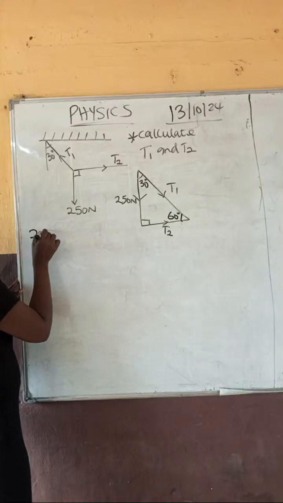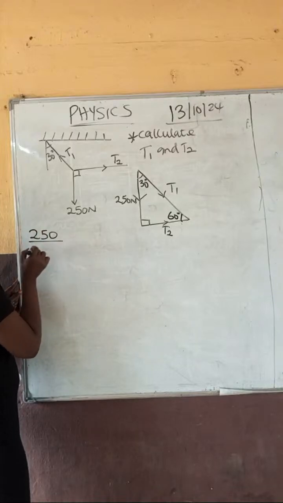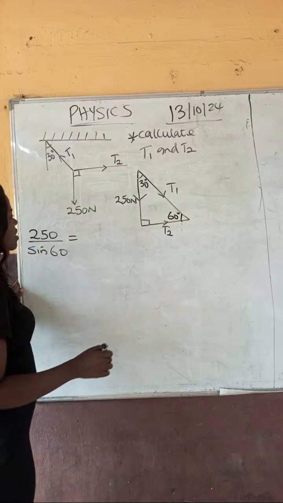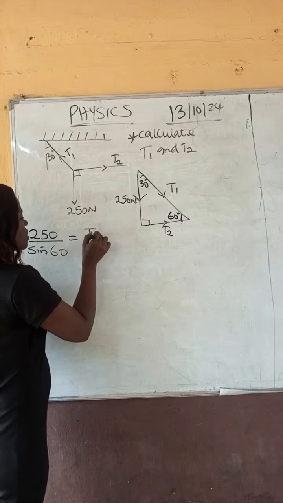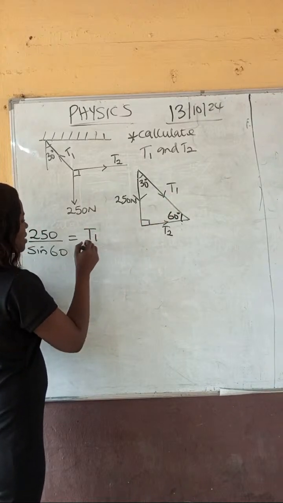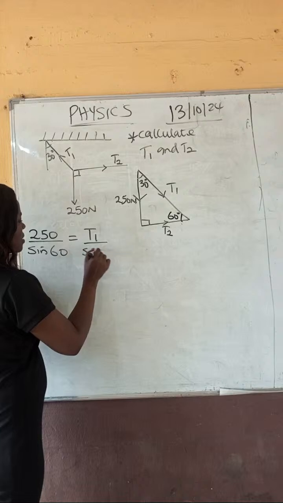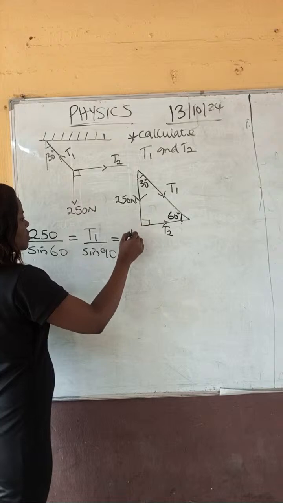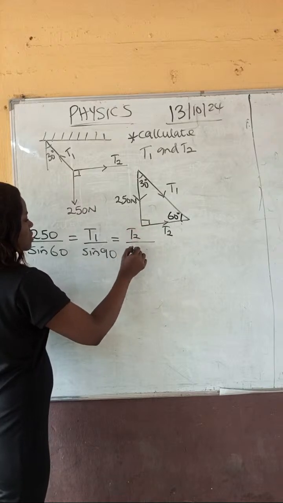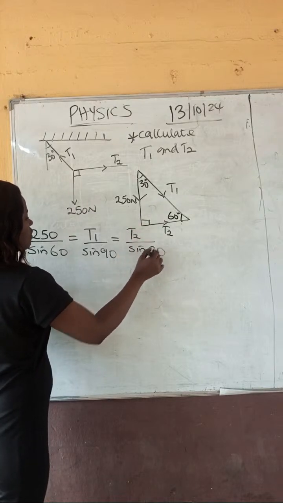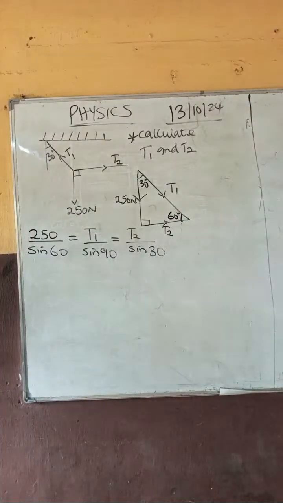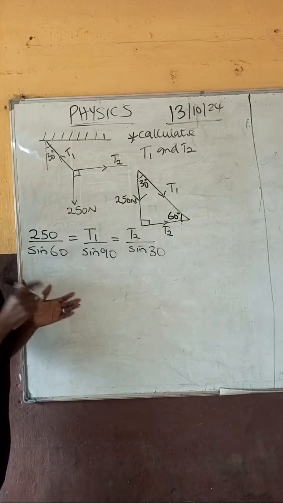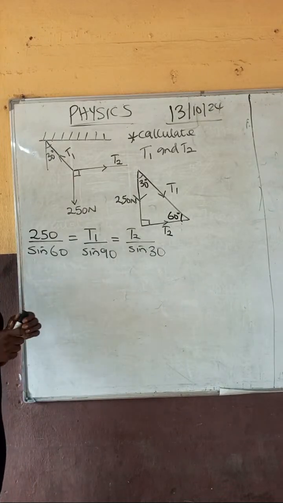We say 250 over sine 60 is equals to T1 over sine 90 is equals to T2 over sine 30. Now, since you're looking for T1 and T2, I'm going to use these two and equate them together to get the value of T1.